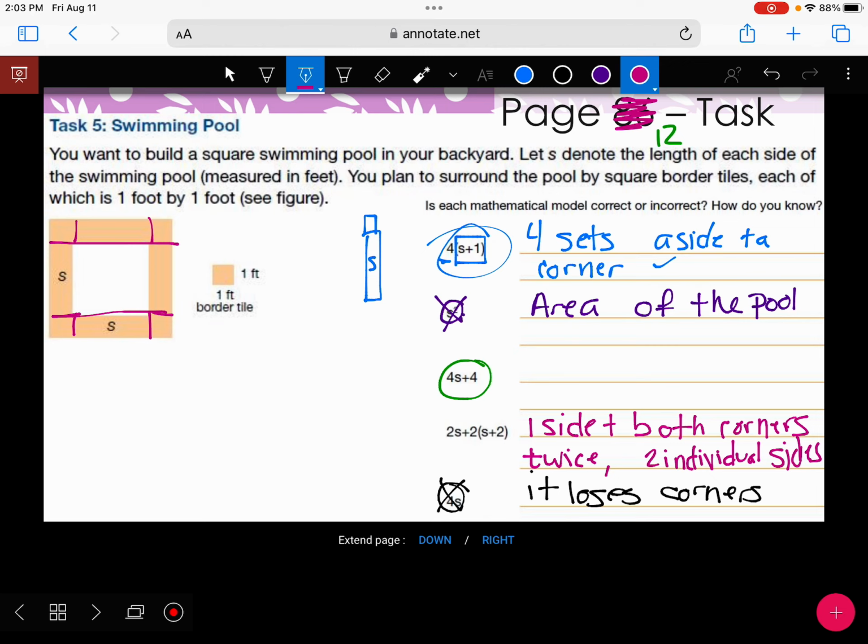S plus 2, S plus 2 plus 2 S's, that works too. I can arrange them in all kinds of different ways. If I fully simplified this one and that one, they would both be 4S plus 4. So fully simplifying makes it easier to see what's working and what's not working.